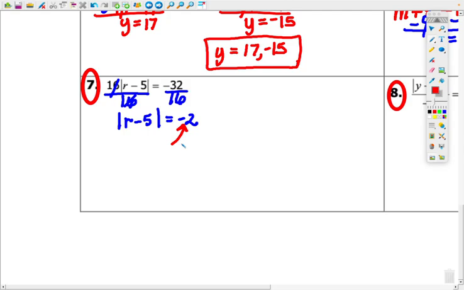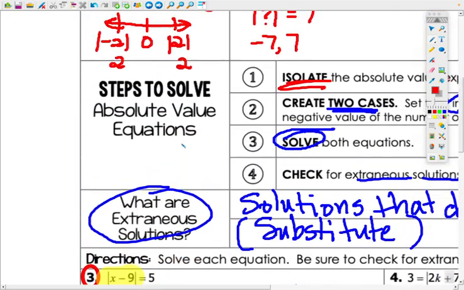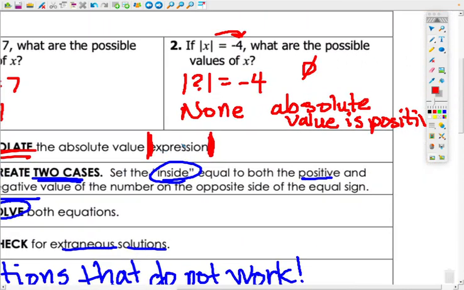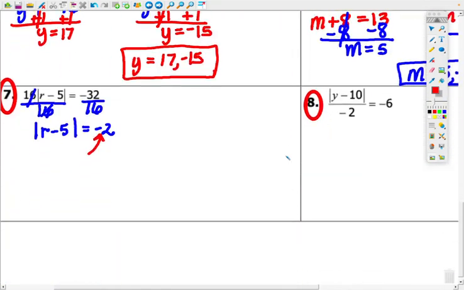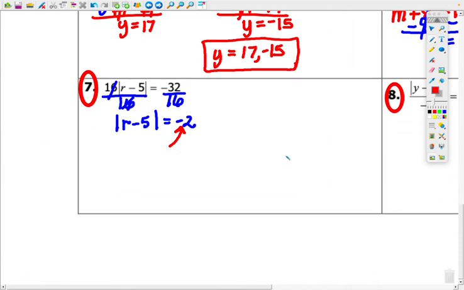Recall what I told you at the top of the notes. Your absolute value is never going to equal something that's negative, because absolute value is always positive. When this happens, your answer will be no solution. There's nothing we can do at this point.